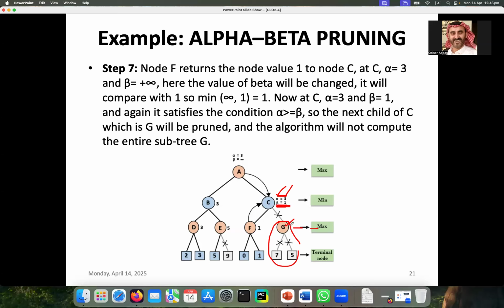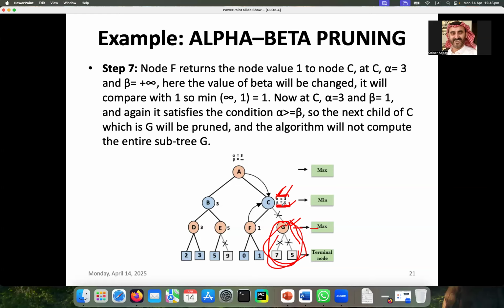It is possible that from this node and downward, you will get some value higher than this 3. And if you get a higher value for this max player, 4, 5, 6, the max player will accept that value happily. But at the same time, your min player has the value 1. If you get some higher value from here, your min player will not accept it, because it has the value 1.